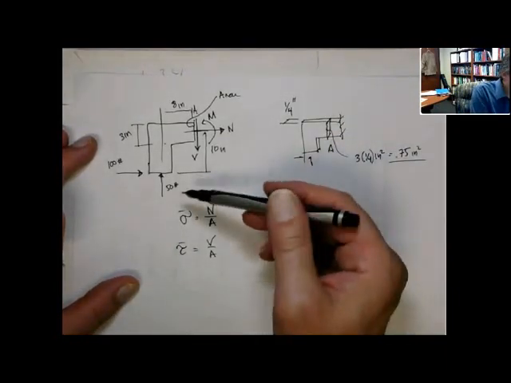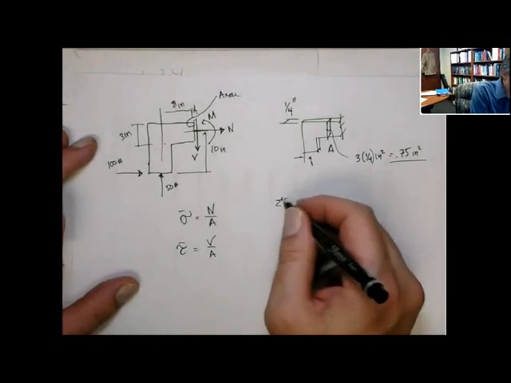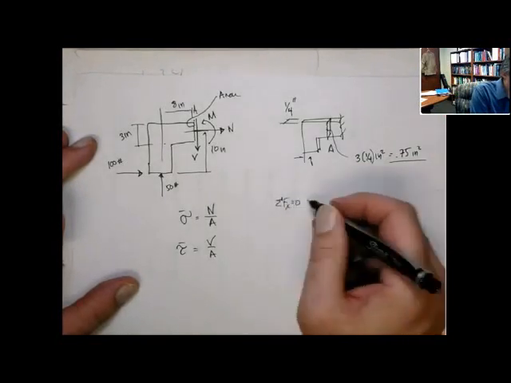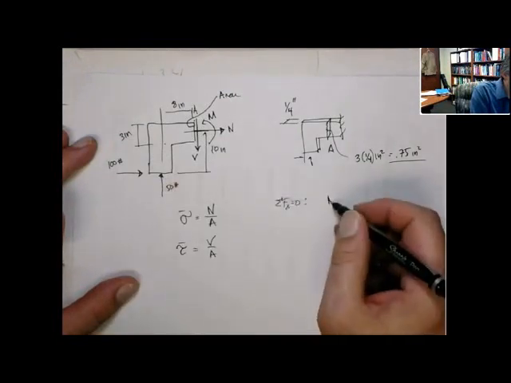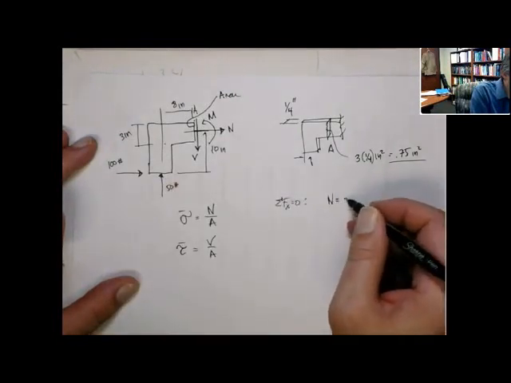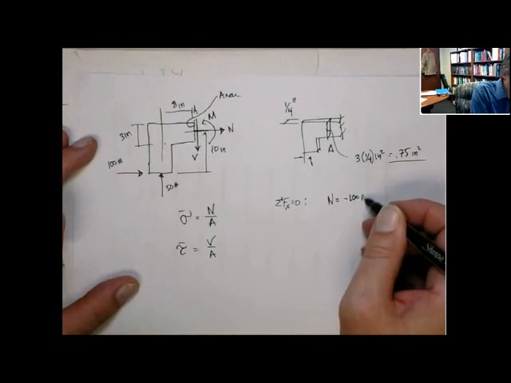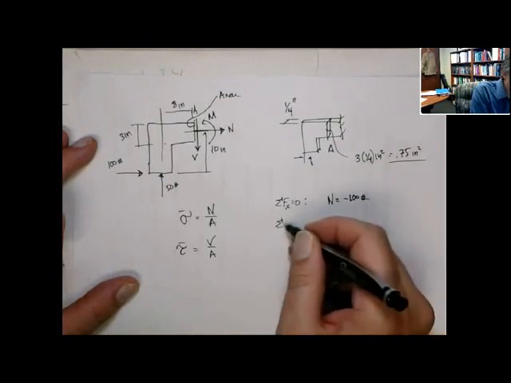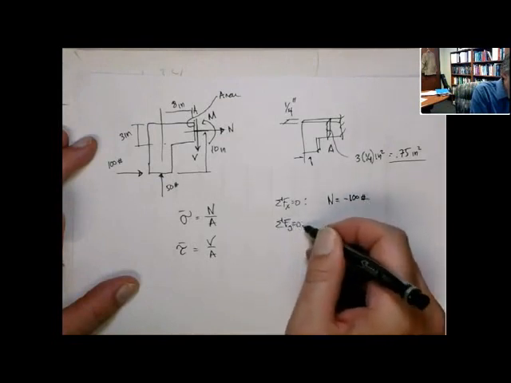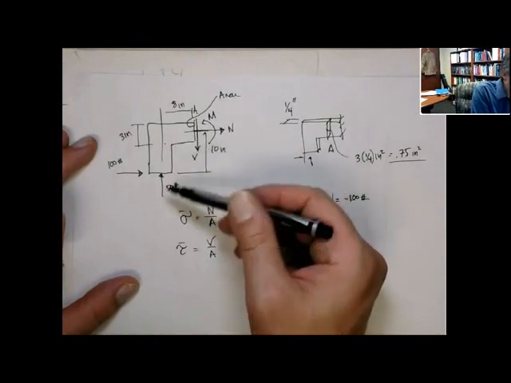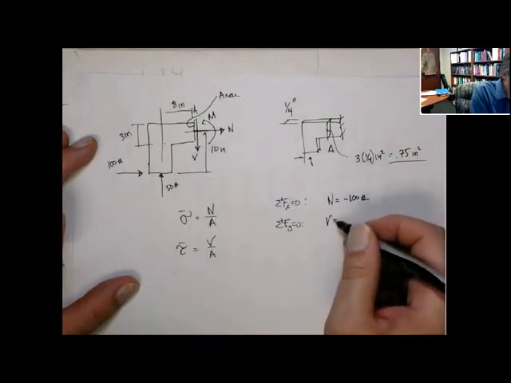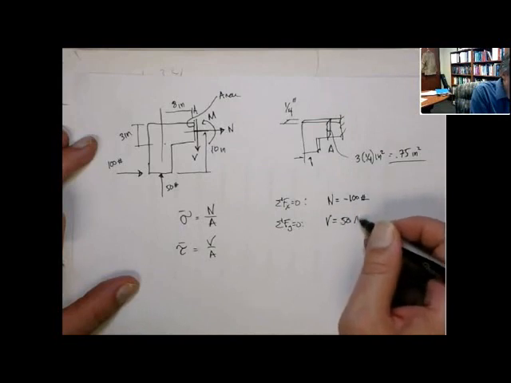Now, if we do sum of forces in the x equals 0, that tells us from this free body diagram that N has to equal minus 100 pounds. And if we do sum of forces in the y direction equals 0, here at B, the way I've drawn it, B balances out 50, so B equals 50 pounds.